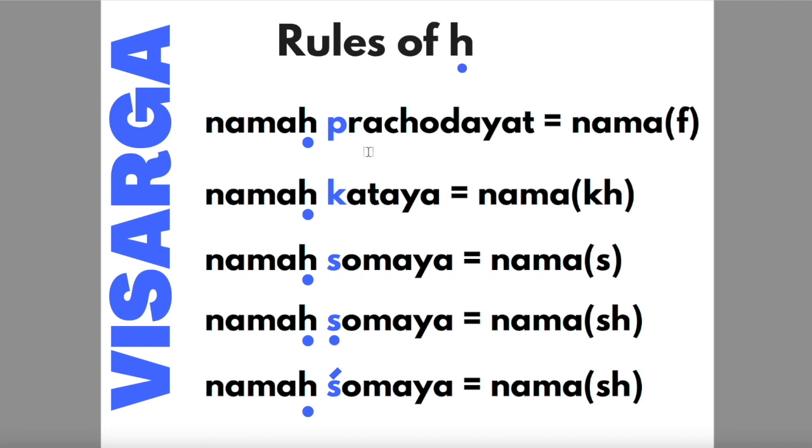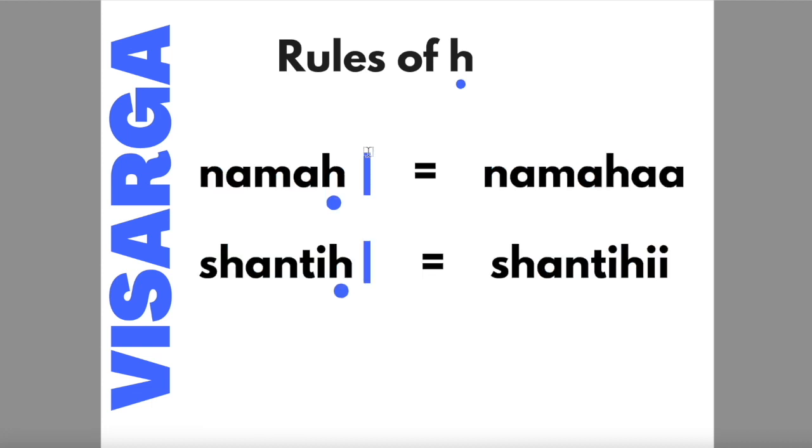Let us continue and look at another variation of the visarga sound. This occurs when there is a visarga that comes at the end of the particular line, and this is indicated by a long vertical line. If there's a long vertical line and that word ends in a visarga, as in the case here where we have nama, what do we do with the sound?